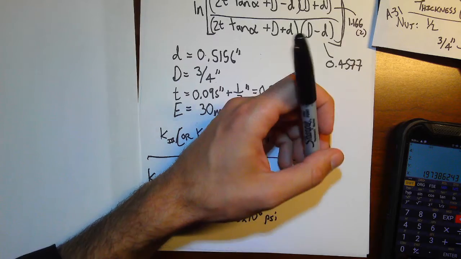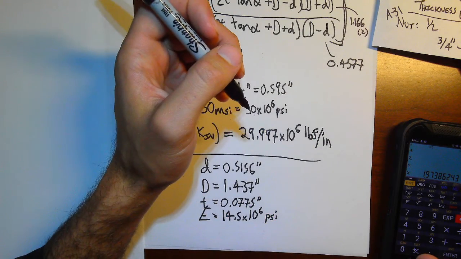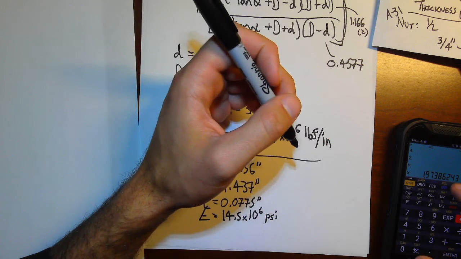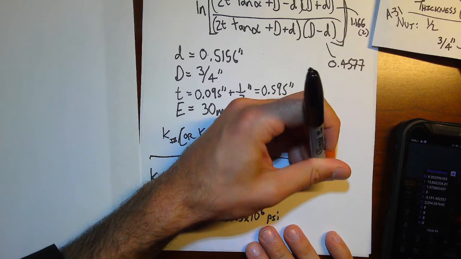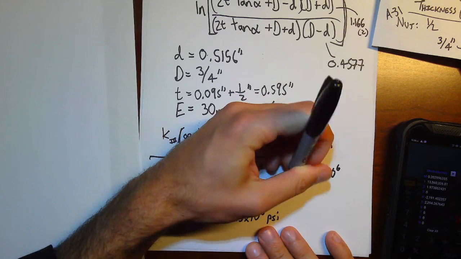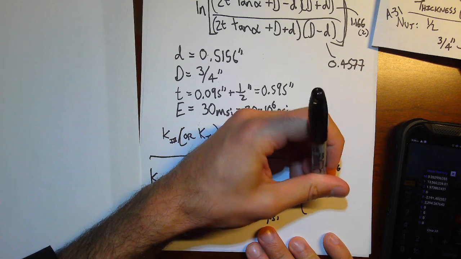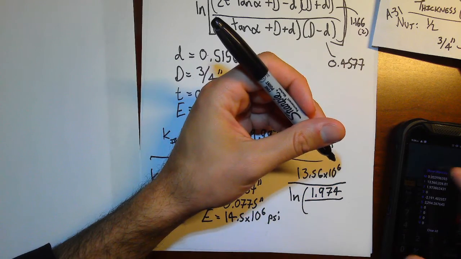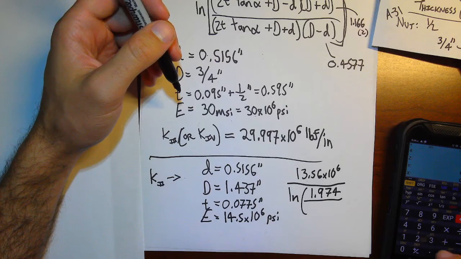Multiply those, get 1.973. So right now it's 13.56 times 10 to the 6th over natural log of 1.974, I guess, if I round up. And the denominator would be 2 times 0.0775.